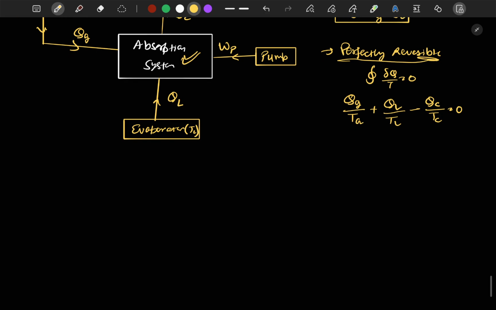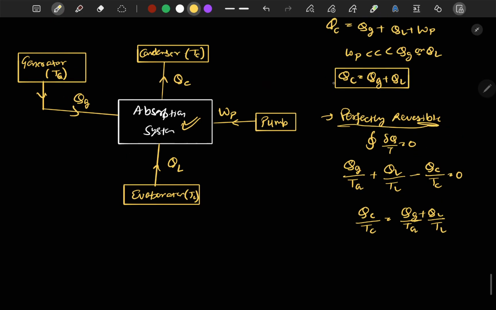From here we can write QC by TC is equal to QG by TG plus QL by TL. Further, we can substitute the value of QC here.